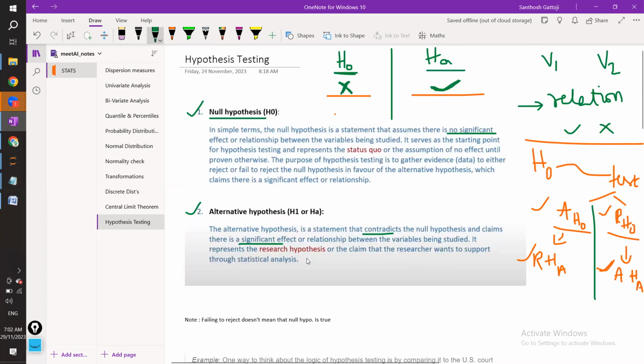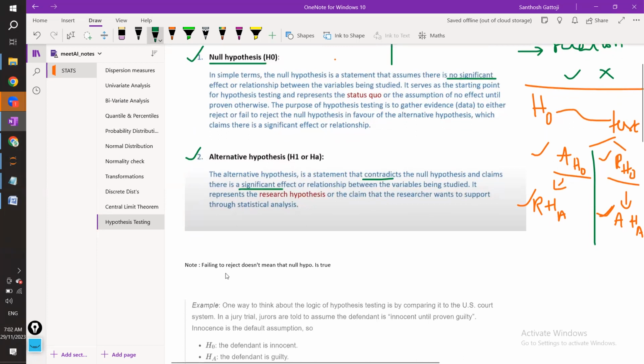Okay, that is fine. But now there is one very tricky point here. Failing to reject does not mean the null hypothesis is true. What does that mean? Let's try to understand. Null is saying something.